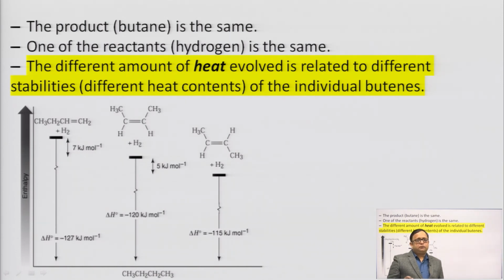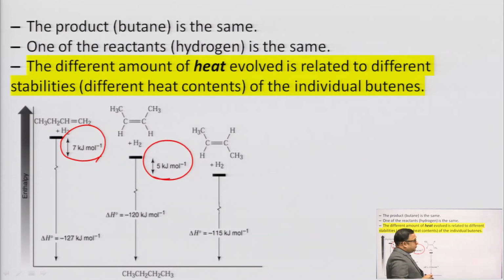The same representation is shown in a graph, and we can observe the difference in energy is 7 kilojoule per mole, 5 kilojoule per mole. So, it is direct evidence correlating energy with stability, and stability is correlated with steric hindrance.